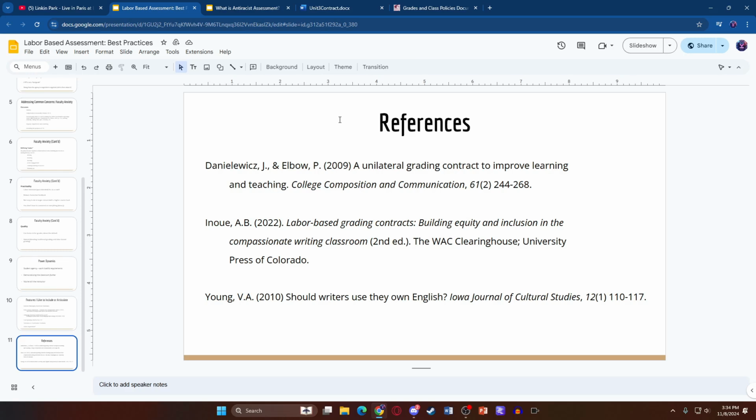And so, again, I had a clear breakdown of if you get an exceeded on at least 3 or 4 major projects and then do 90% of all the other course requirements, you're guaranteed an A in this class, and so forth. So I haven't always used default grades, but when I first started as a teaching associate like y'all, I did use a standard B default grade for several years.